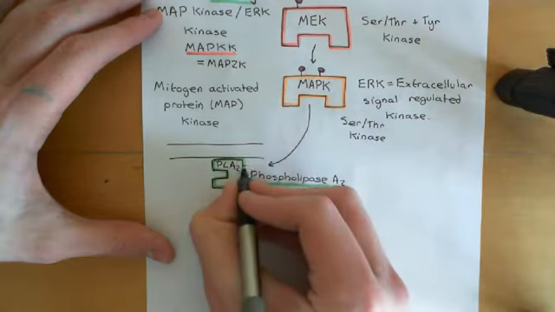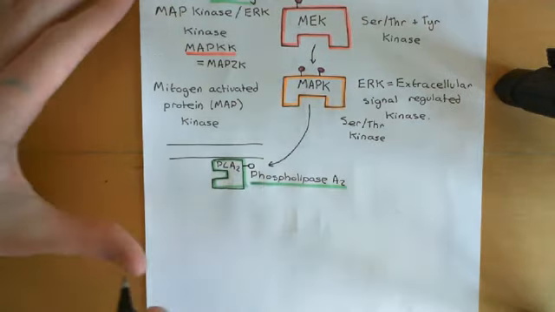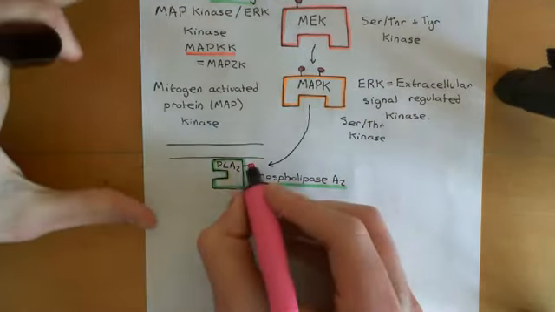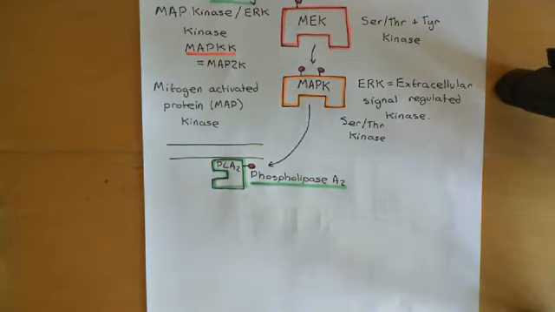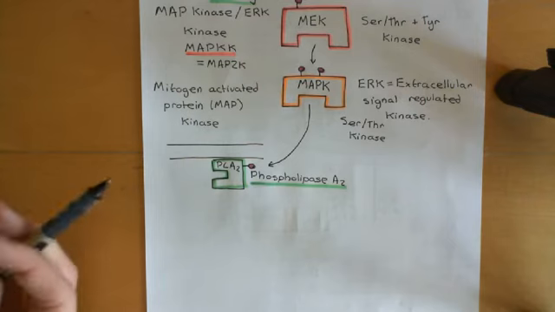It's going to phosphorylate serine and threonine residues within phospholipase A2, and again, I don't know the exact number of residues that it phosphorylates, but the principle is what's important, which is that MAP kinase phosphorylates the phospholipase A2 enzyme, and this activates it, so it is now going to work on its substrate, which is within the phospholipid bilayer.